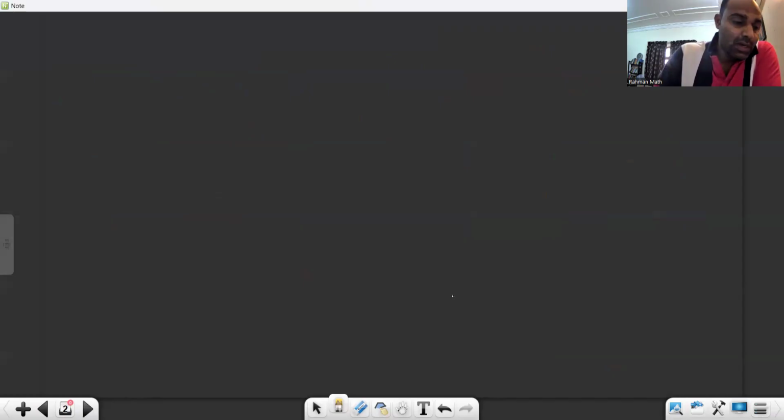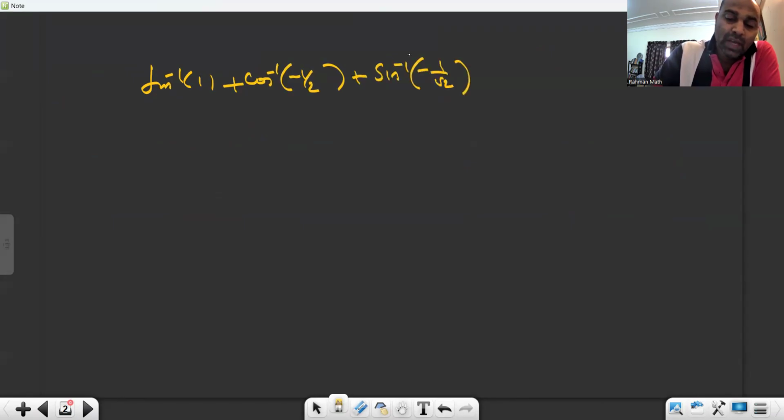Question 17: tan inverse 1 plus cos inverse minus half plus sin inverse minus 1 by root 2. Let us see. First one, let it be like that only, no minus.